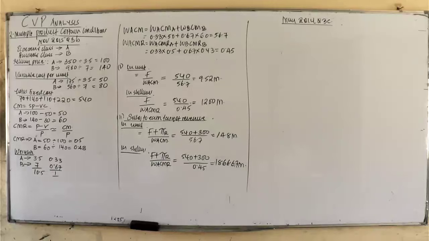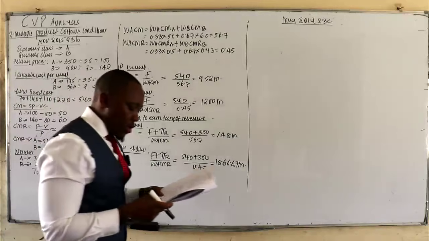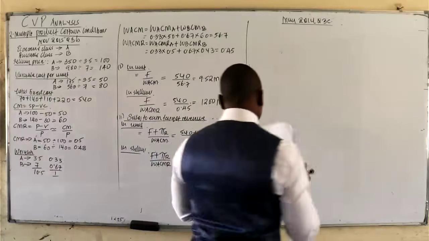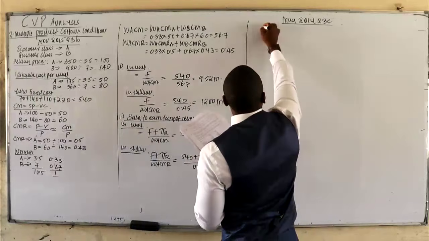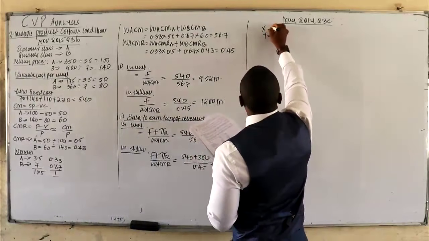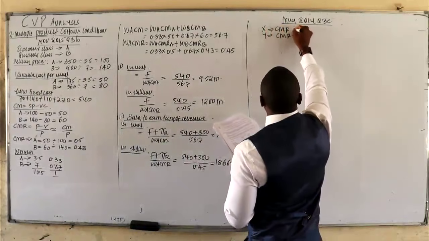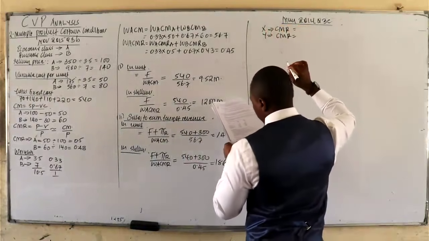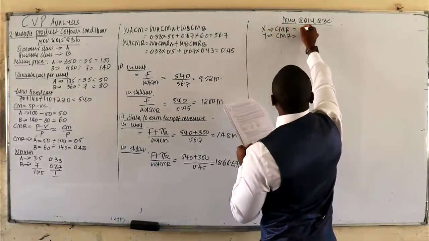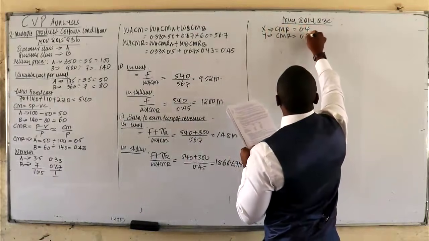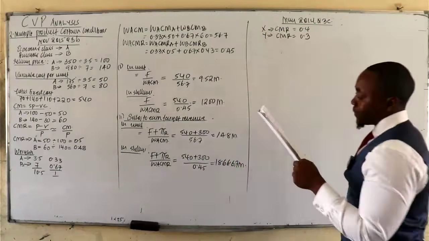A company sells two products, X and Y, with a contribution margin ratio of 40% and 30% respectively. For product X and Y, you are given the contribution margin ratio. The contribution margin ratio is 40% and 30%, 0.4, 0.3.